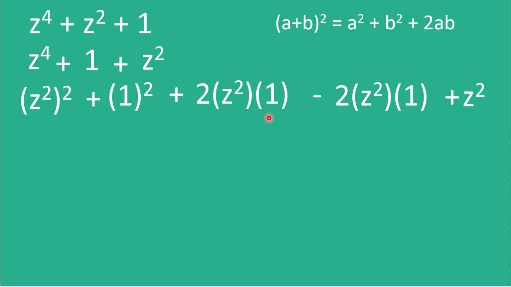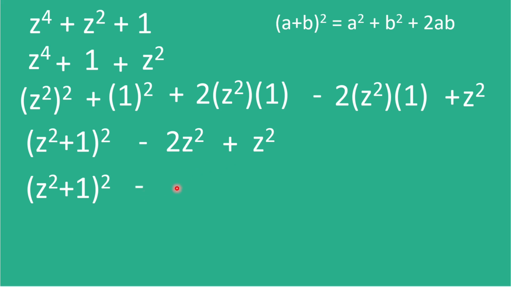Now from here up to here, this is equivalent to a plus b all squared, where a equals z square and b equals 1. So z square plus 1 all squared, and this minus 2z square plus z square equals minus z square, which we can write as minus z squared.